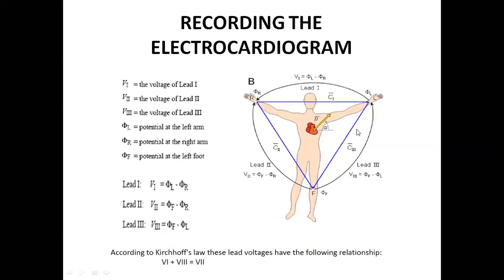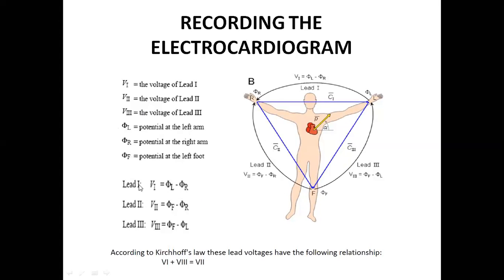Now how are these quantities calculated? Before calculating, this is the potential of the left arm, not the potential of the lead. This is the potential of the right arm, and phi F is the potential of the left leg.